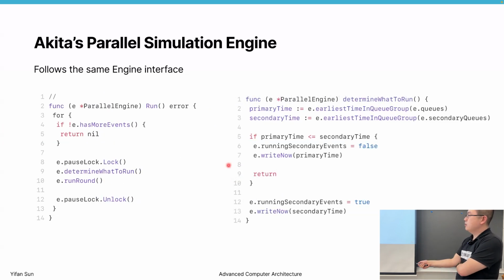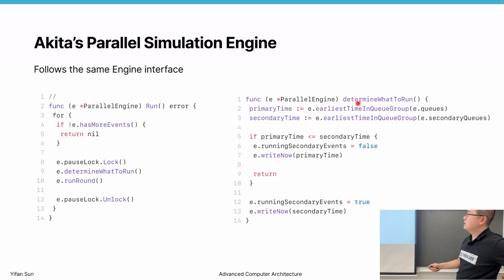Okay, so let's read the code little by little. We are breaking down into determine what to run. Here, determine what to run is basically just to find the time that we need to run. In each queue group, I'll talk about queue group later, but you can consider there's a list of queues for primary events and a list of queues for secondary events.